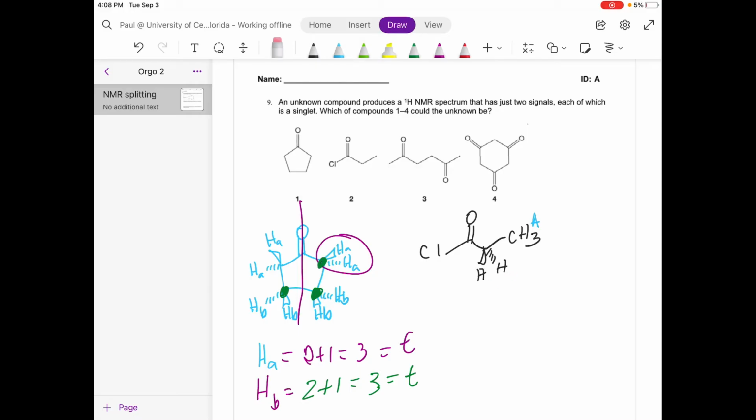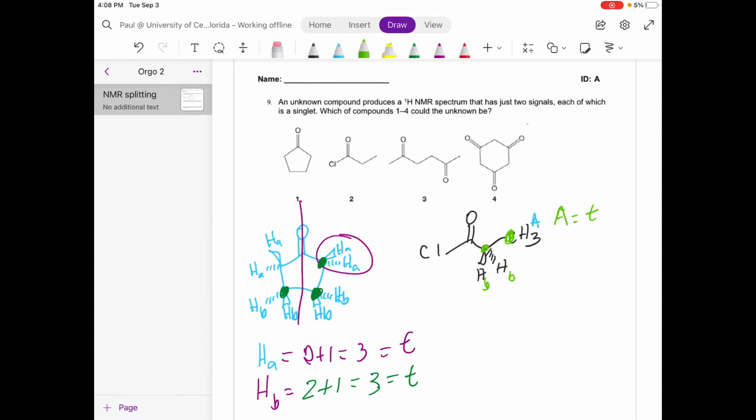Those would have to be B's. There we go. So A is attached to this carbon. What's the adjacent carbon? Right there. How many equivalent hydrogens are on that adjacent carbon? There's 2. So that would split that into a triplet. So A equals a triplet.